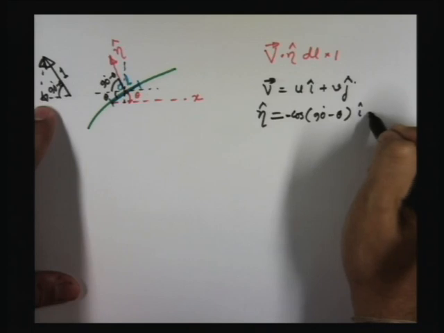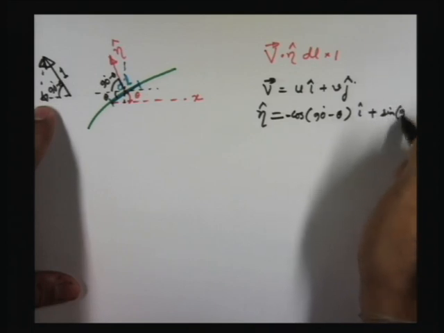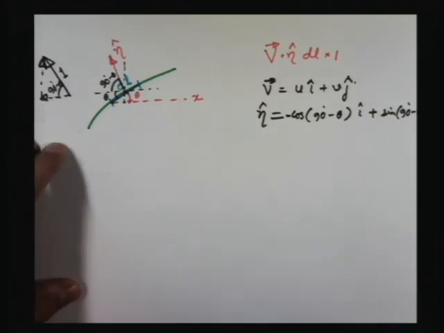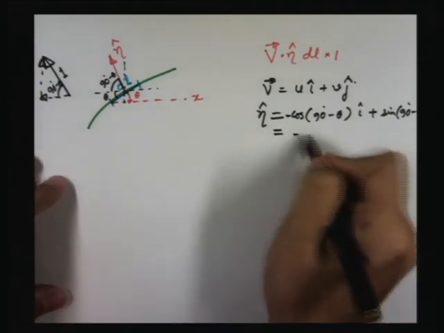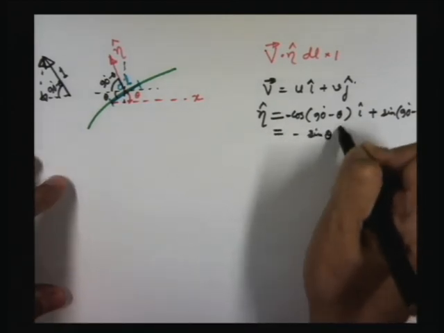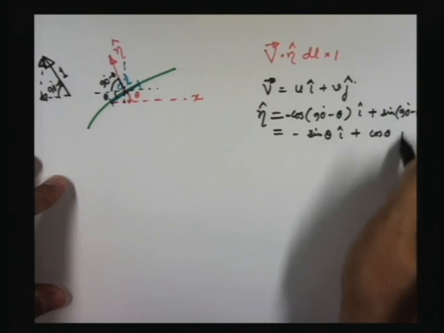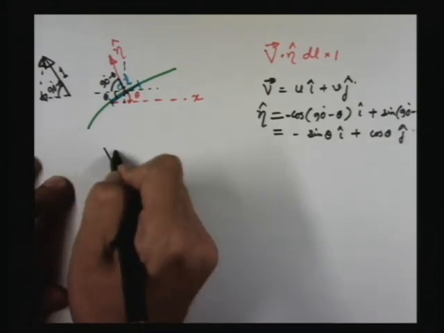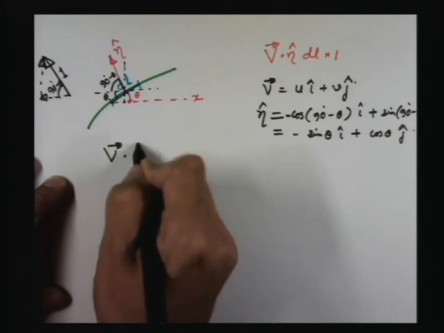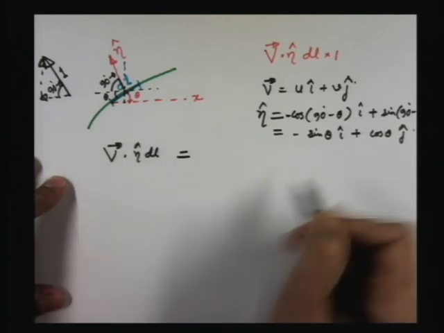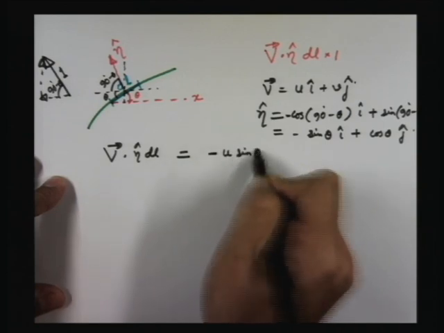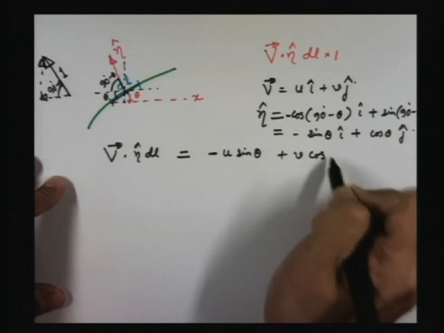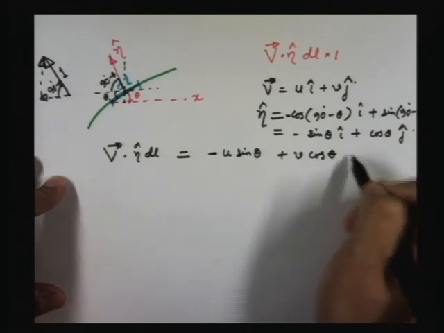And the y component is sin 90 degree minus theta. So minus sin theta i plus cos theta j. So let us find out what is V dot eta dl. So minus u sin theta plus V cos theta, dl.